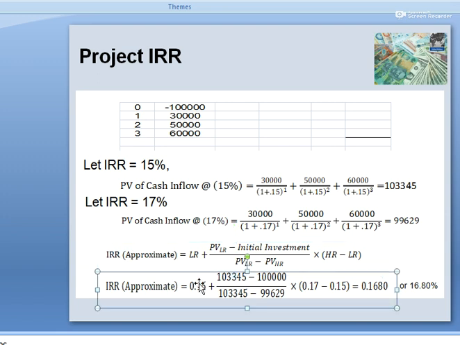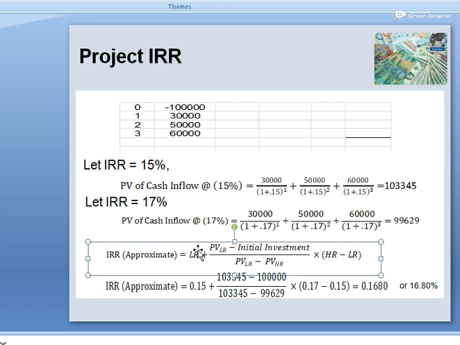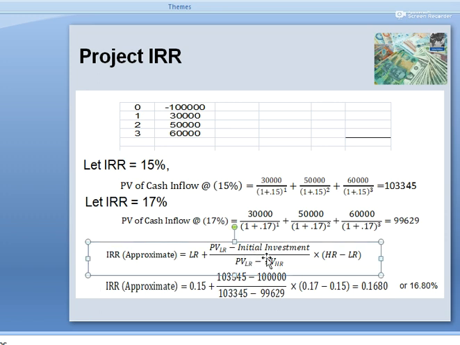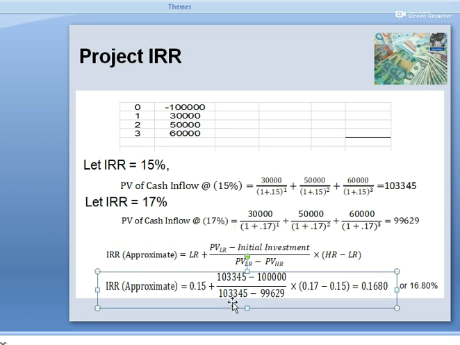So we take 0.15 plus the present value at lower rate, 1,03,345, minus the initial investment, 1 lakh, divided by the present value at lower rate, 1,03,345, minus the present value at higher rate, 99,629, multiplied by the higher rate minus the lower rate, 0.17 minus 0.15. So we get an approximate IRR of 0.1680, or 16.80%.